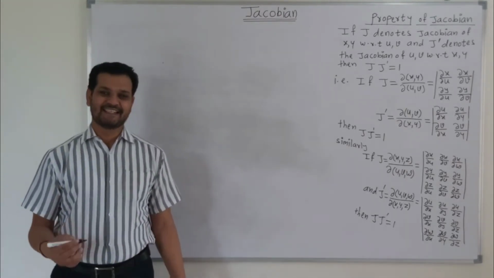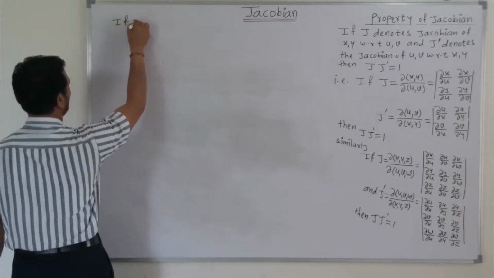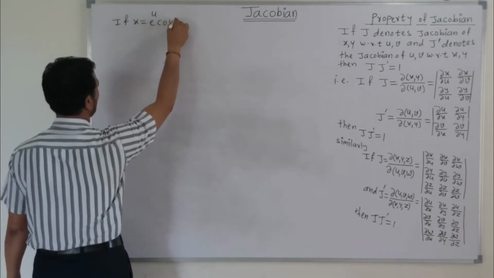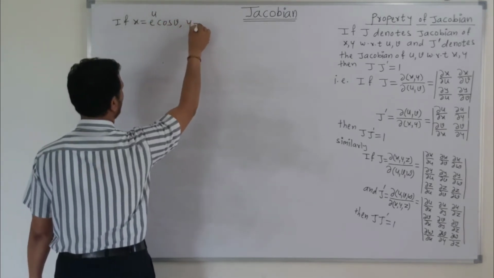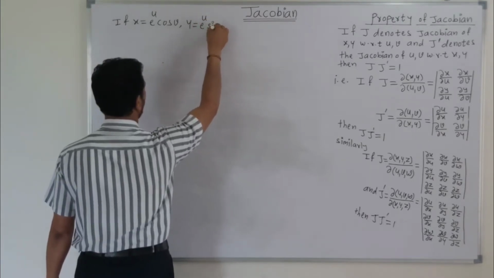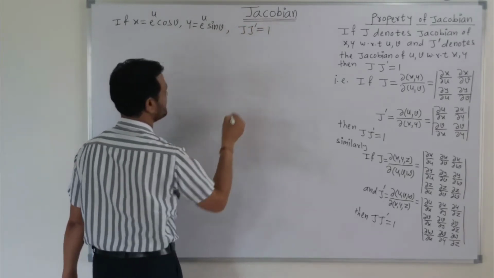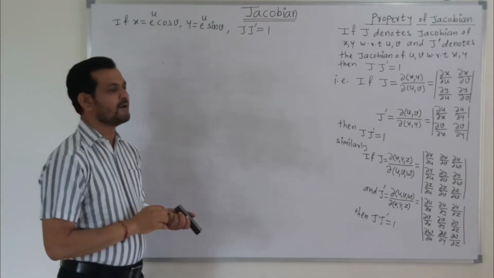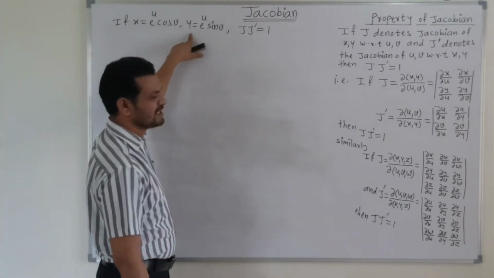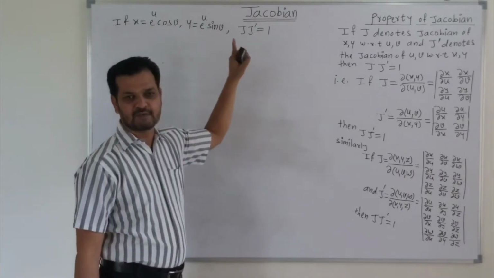Now friends, let's take the next example. If x is equal to e raised to u cos of v, and y is equal to e raised to u sine of v, then the question is to prove that j into j dash is 1. That means prove that the Jacobian of xy with respect to uv and the Jacobian of uv with respect to xy is 1.